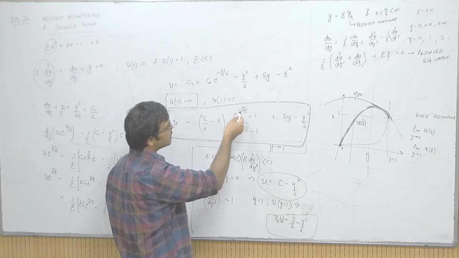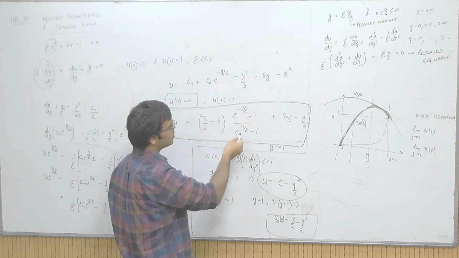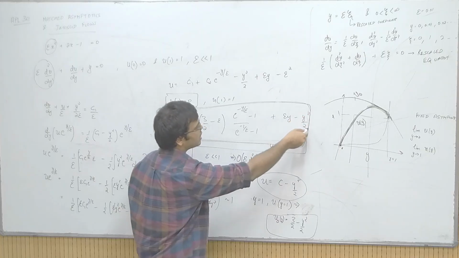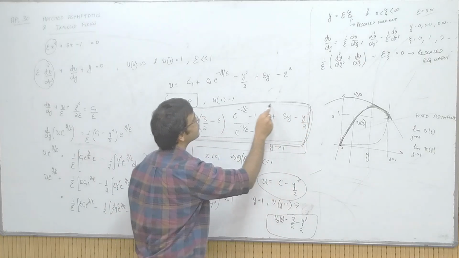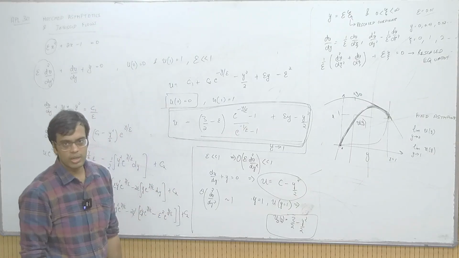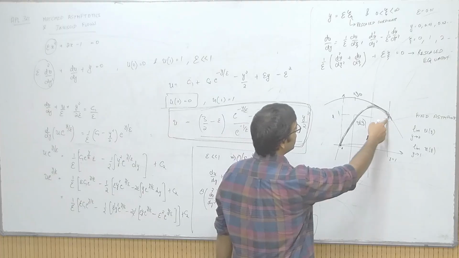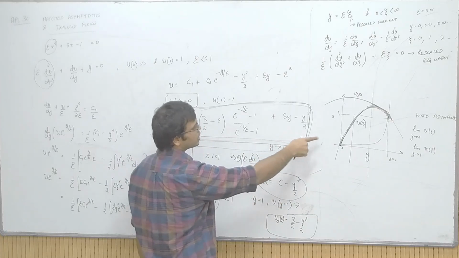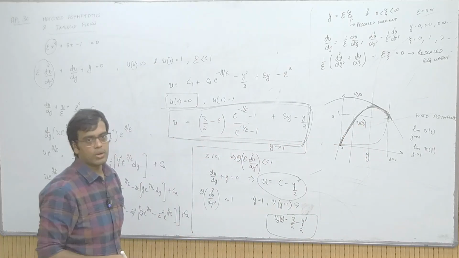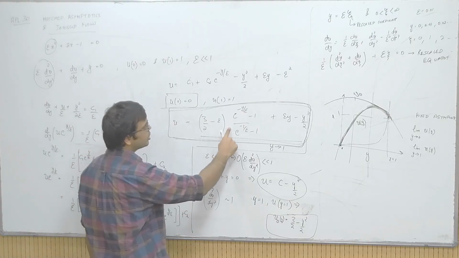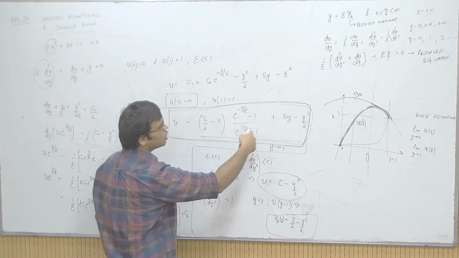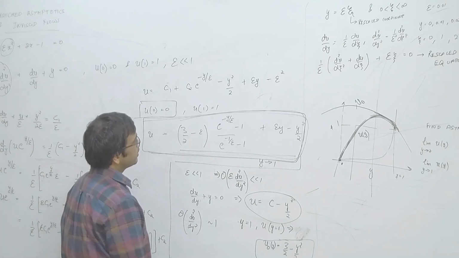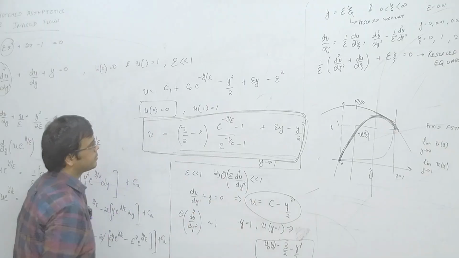Just look at it, you will see this is e to the power minus 1 by epsilon, this becomes 1, and this becomes some epsilon y minus y square by 2. So, this whole function behaves like a quadratic near y tends to 1. So, it is a parabola near y tends to 1, and from there I concluded that if I am getting a parabolic form, then it has to be close to y equal to 1 rather than close to y equal to 0, because close to y equal to 0, if you apply the y equal to 0 limit, you will get an exponential also remaining. Just evaluate that limit. These guys won't cancel out.